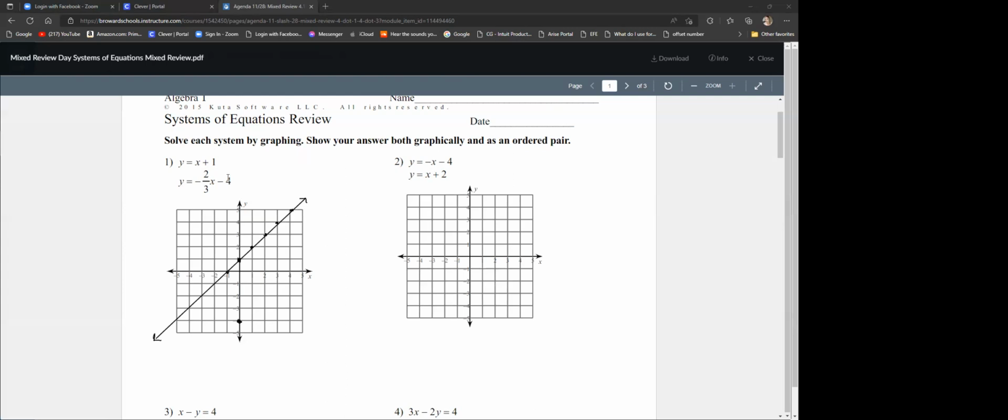What's the slope? The 2 and 3 or no? No, it's the coefficient of the x, the number beside the x. Okay. So where's the second point in relation to the first point?